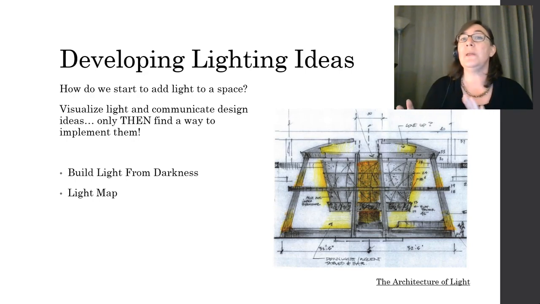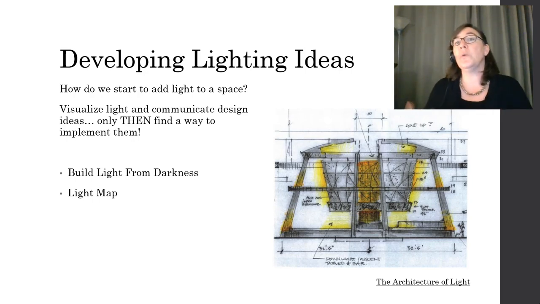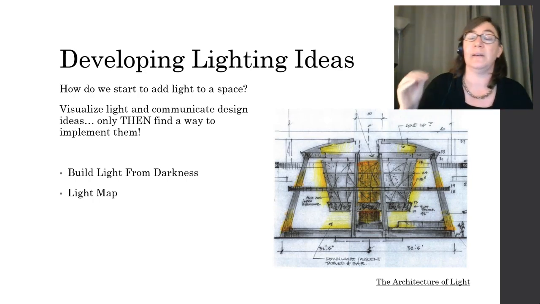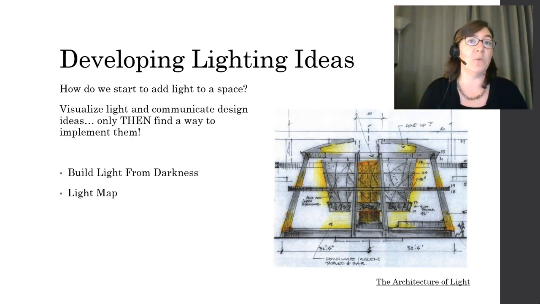Okay. And only after you've done all of that do you want to work on the ways to implement your design ideas. And by that I mean that's when you start choosing light fixtures and designing the actual ways to produce the light effects that you want.